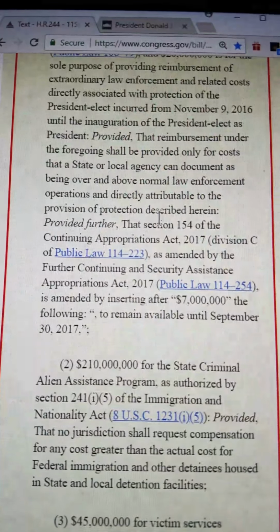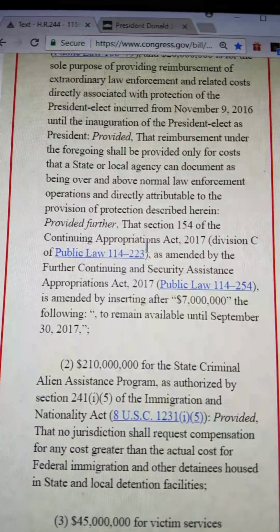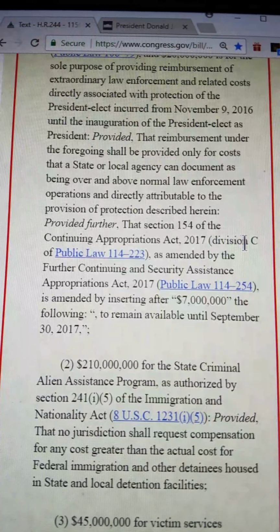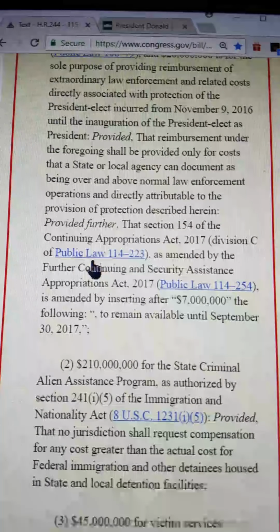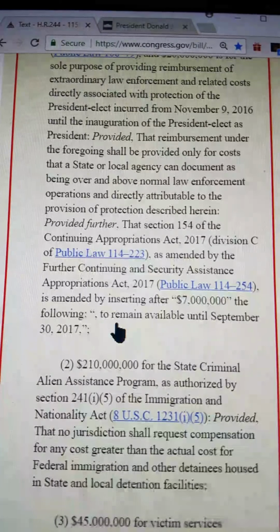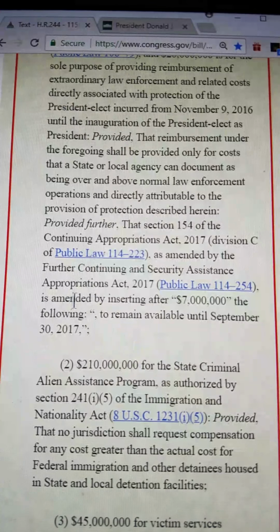Provided further that Section 154 of the Continuing Appropriations Act 2017, Division C of Public Law 114, as amended by the further Continuing and Security Assistance Appropriations Act 2017, is amended by inserting after $7 million the following to remain available until September 30th, 2017.